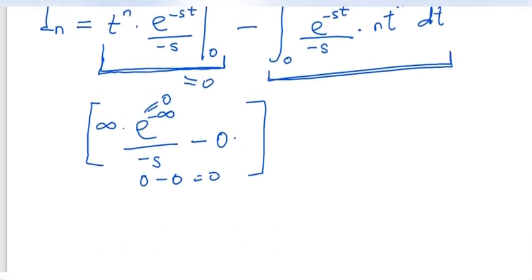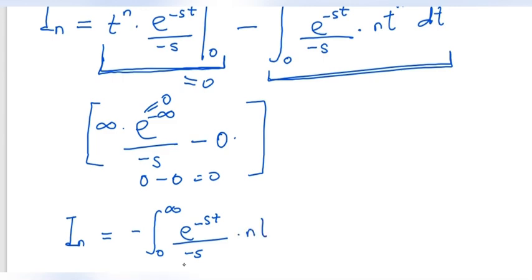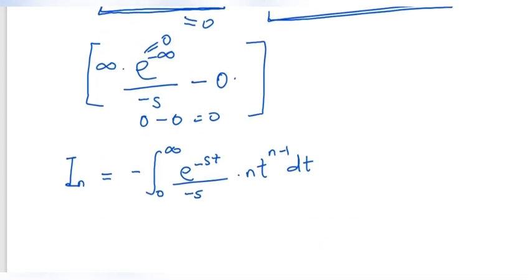Alright, which implies that our I_n is equal to negative the integral from 0 to infinity of exponential negative st over negative s times n t to the power of n minus 1 dt. And we can pull out this negative s and pull out n, because they are not dependent on t, and this will give us n over s.